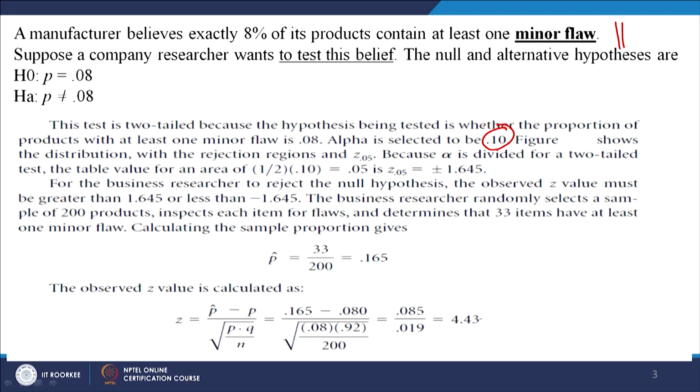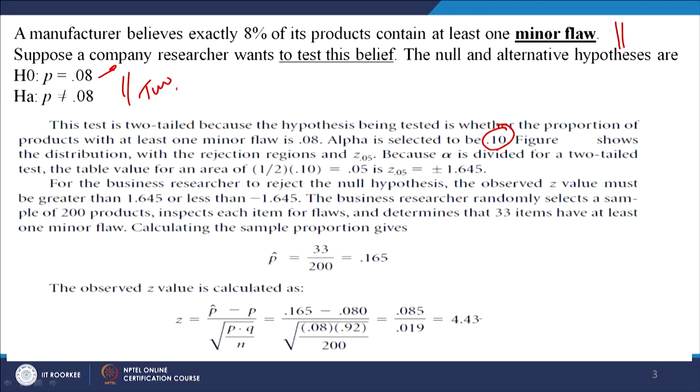So, the null hypothesis is that the manufacturing defects are 8% or 0.08. The alternative hypothesis is that it is not equal to 0.08. So, it would be a two-tailed test.